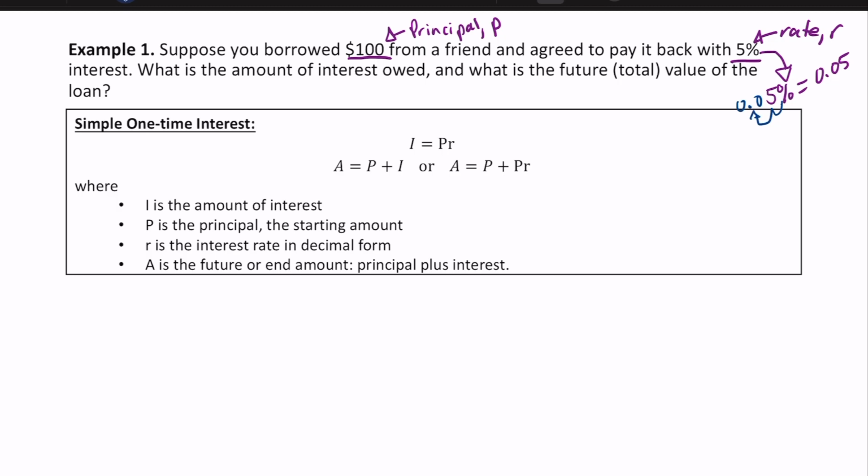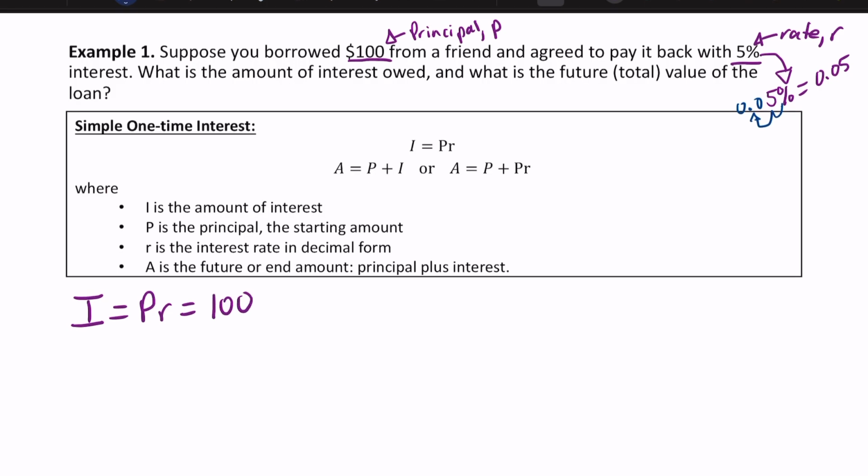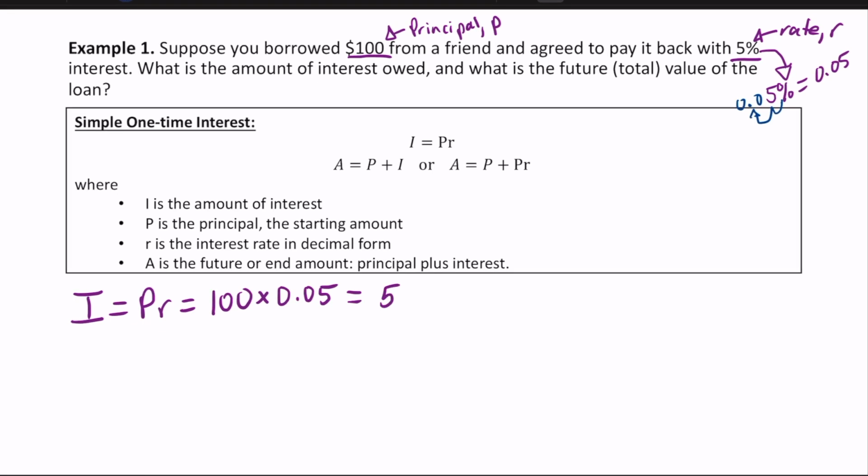Now that we have our principal amount and our interest rate, that's all we need for our formula. So we can calculate the interest by plugging those into our equation. So our principal amount is 100, and we're going to multiply that by our interest rate, giving us that we're going to pay $5 in interest.